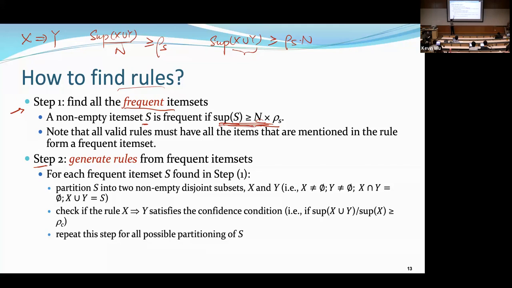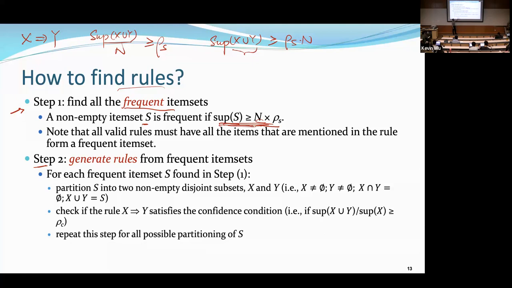We partition S into two non-empty disjoint subsets X and Y. So X is not empty, Y is not empty, X intersect Y is empty, and the union of them is S. The first requirement is to make the rule form satisfy the requirements of an association rule, and this simply means a partitioning of the frequent item set S. Given a frequent item set, I partition it into the left-hand side and the right-hand side, and that forms a candidate rule.